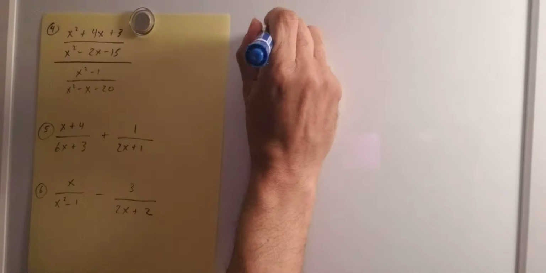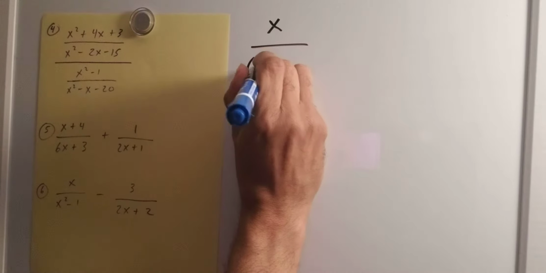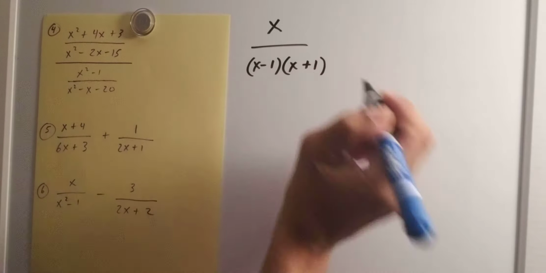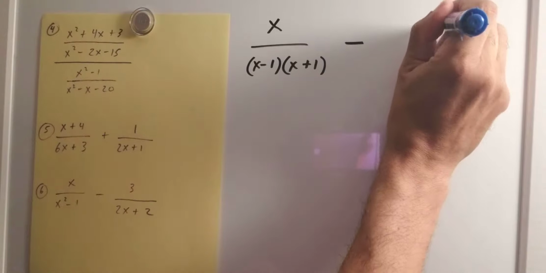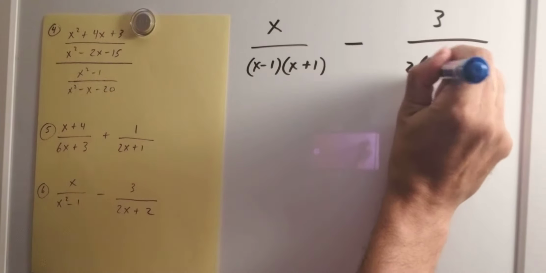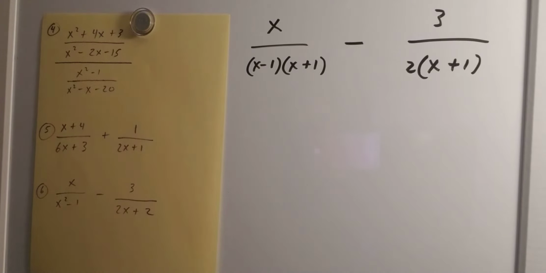Subtracting fractions, denominators need to be the same again. So x squared minus 1, factor that into x minus 1 times x plus 1. I'm going to subtract 3 in the numerator. 2x plus 2 factors into 2 times x plus 1. Let's find common denominators, looking at least common multiples.